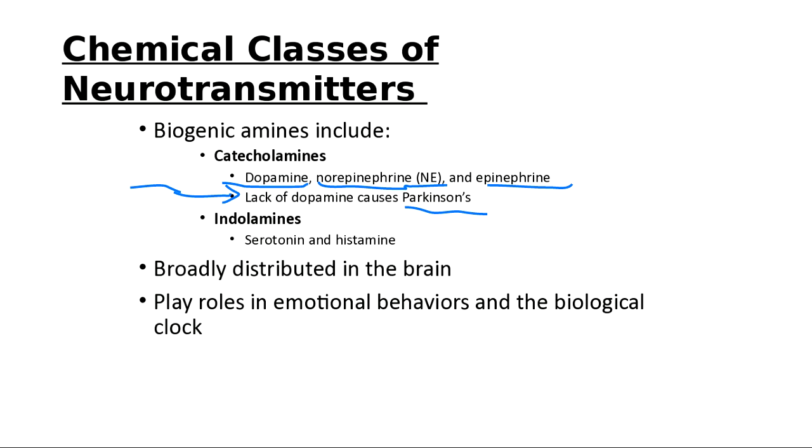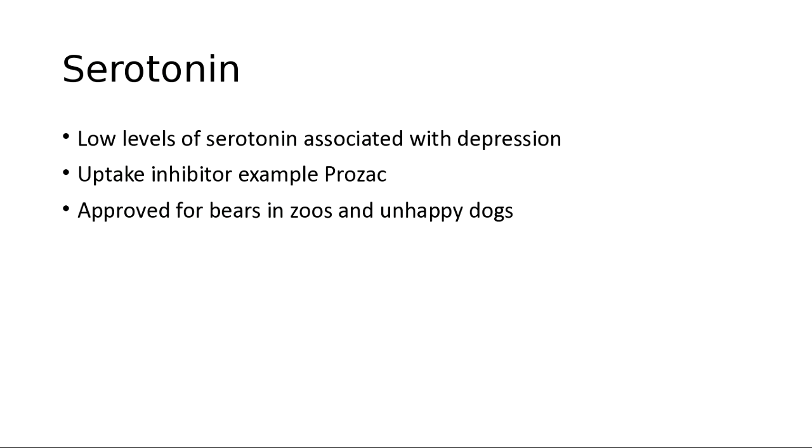Okay, indolamines. Serotonin and histamine are indolamines, and all these are broadly distributed in the brain, and all the neurotransmitters on this page play a huge role in emotional behaviors and the biological clock. Okay, serotonin.